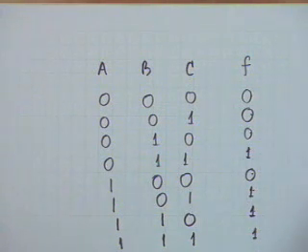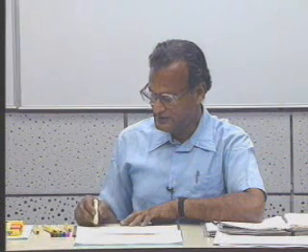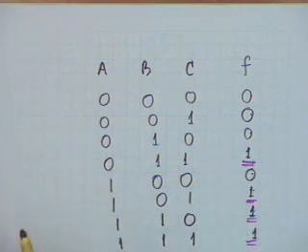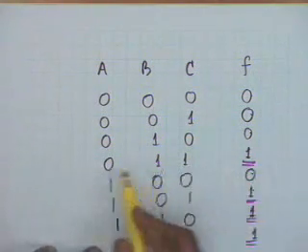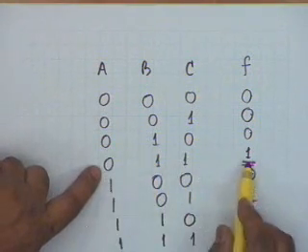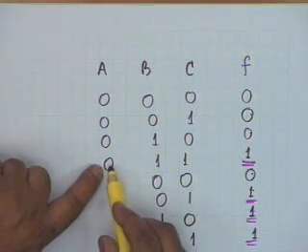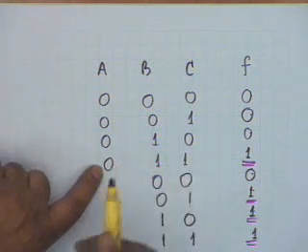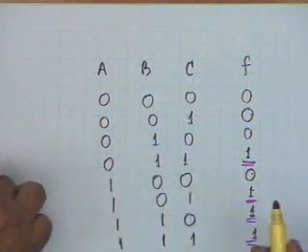logical expression. And as I had said, all that you have to do is to look at the ones in which the results are 1, and OR them. That is, you write the logical expressions corresponding to this. This row, for example, will represent A bar, B, C. Wherever there is a 0, you take the complement. Wherever there is a 1, you take the variable.